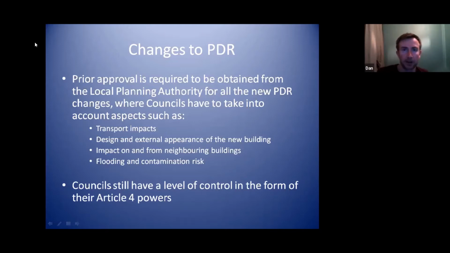If you've got them close by, the authority would have to take them into account, and also flooding and contamination risk. So again, the authority still has the power to refuse a prior approval, and the design external appearance allows them to assess that additional height, and what impact that will have on the streetscape, on the local area, and also the impact on the neighbours.